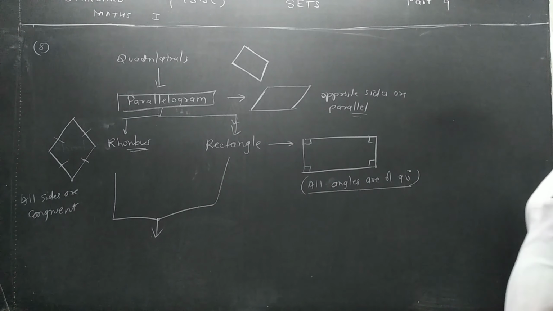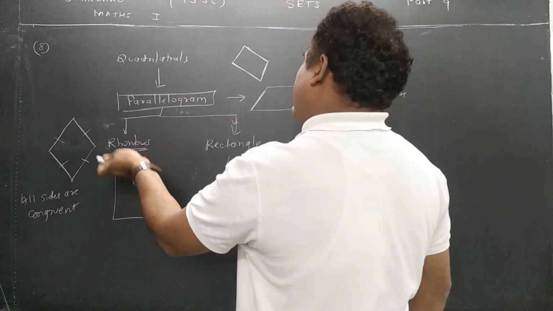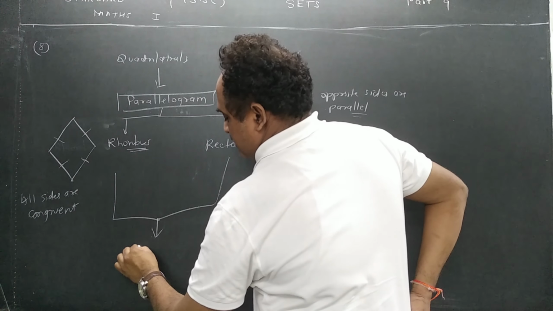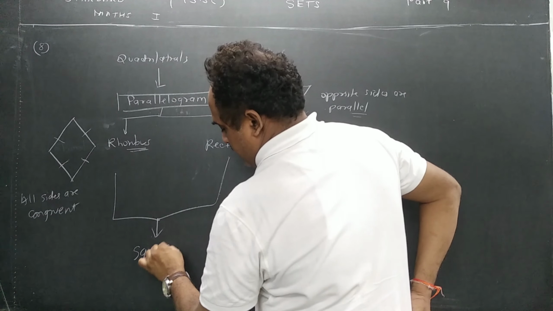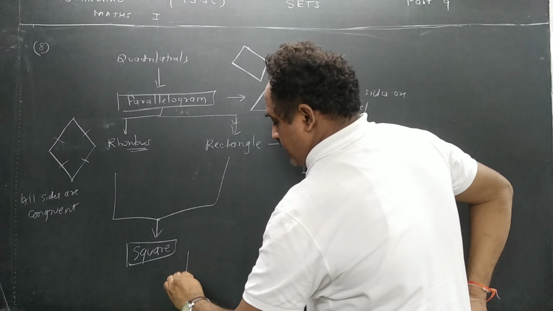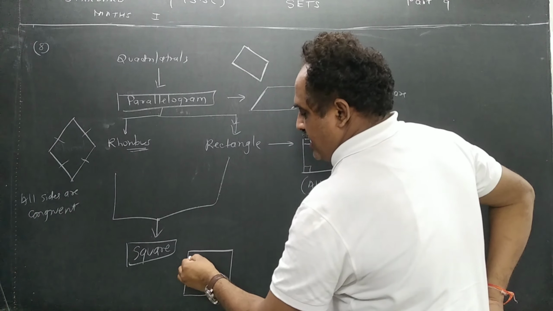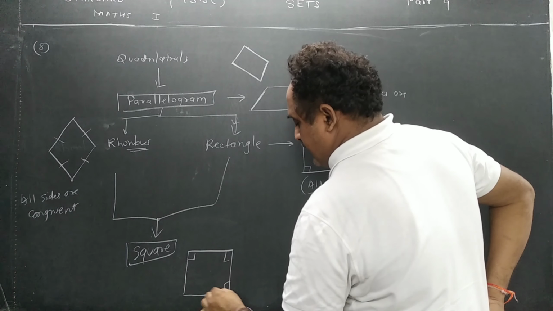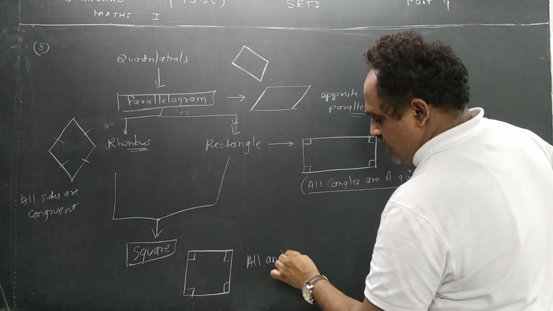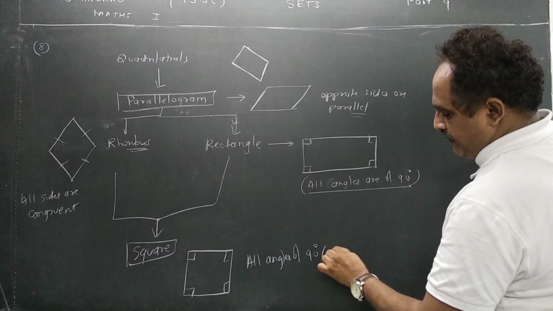जो दोनों की प्रॉपर्टी दिखाता है. You got it? We can say it is a rhombus also. It is called as what? Rectangle also. That is actually a square. Square is a quadrilateral having all angles of measure 90 degree.